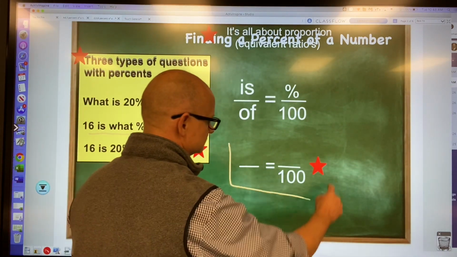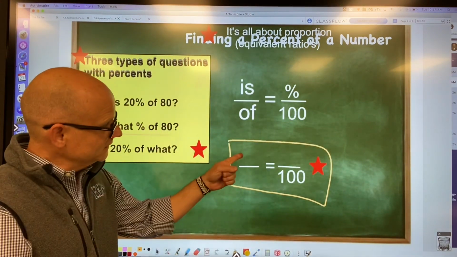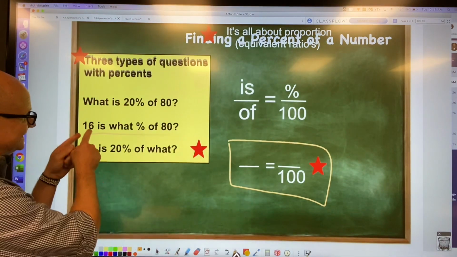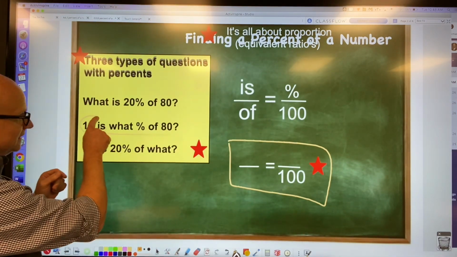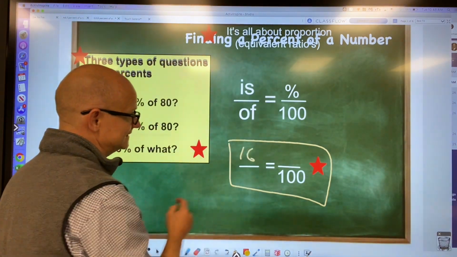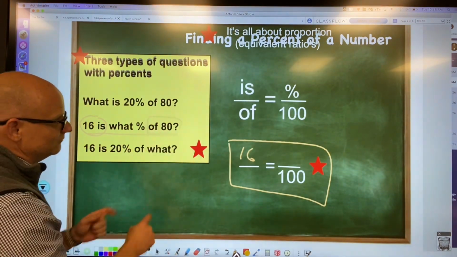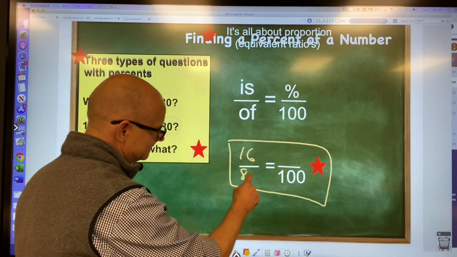You're trying to fill in your is to your of equals your percent out of 100. So let's look at this. 16 is, okay, we know the is. There's your is. 16 is what percent of 80? We know the of is 80.